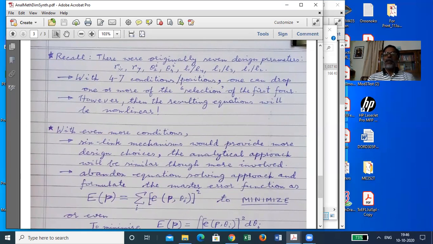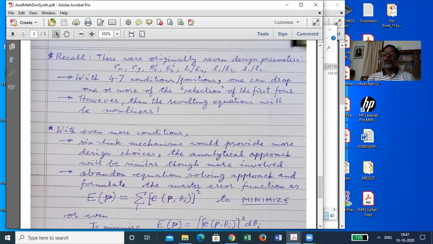The scale of the independent variable, the scale of the dependent variable, initial value of the independent variable, initial value of the dependent variable, and then the three mechanism related dimensions, either 3 dimensions or 3 dimension related ratios.